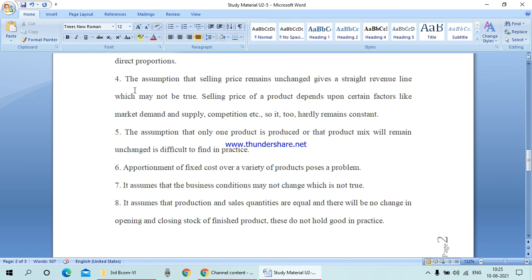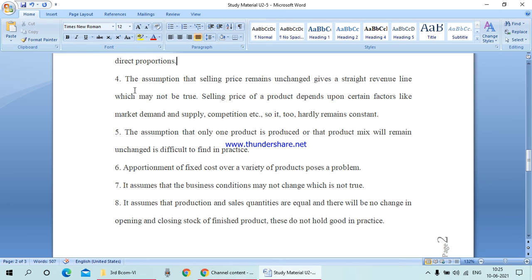In this competitive business field, it is very difficult to believe that selling price remains unchanged because of various factors affecting the market. There may be an increase or decrease in demand and supply, or heavy competition, and because of that market price will not remain constant.